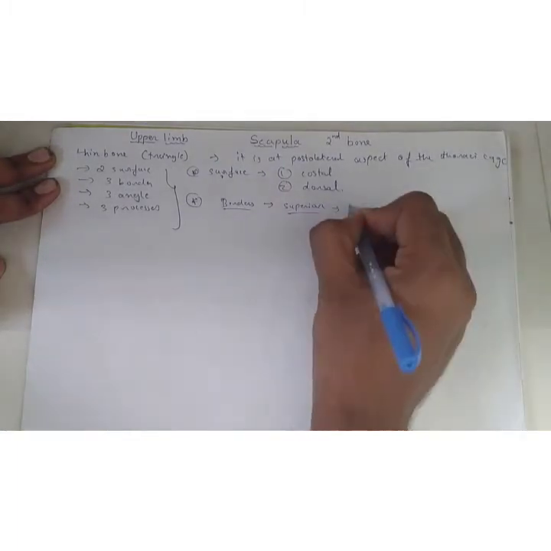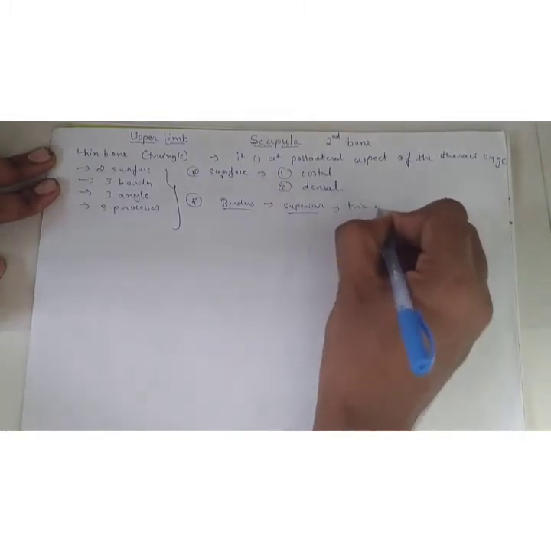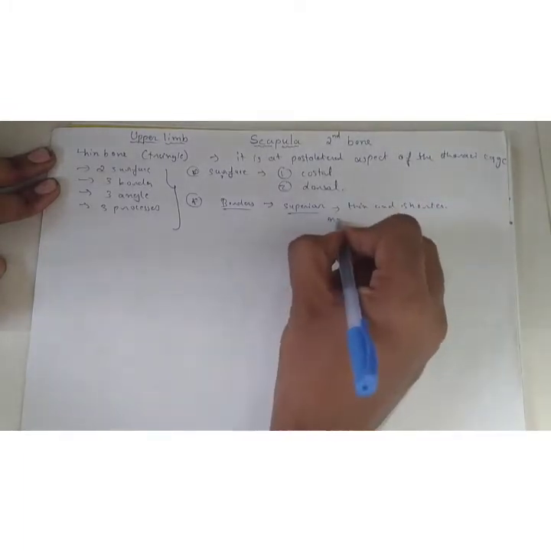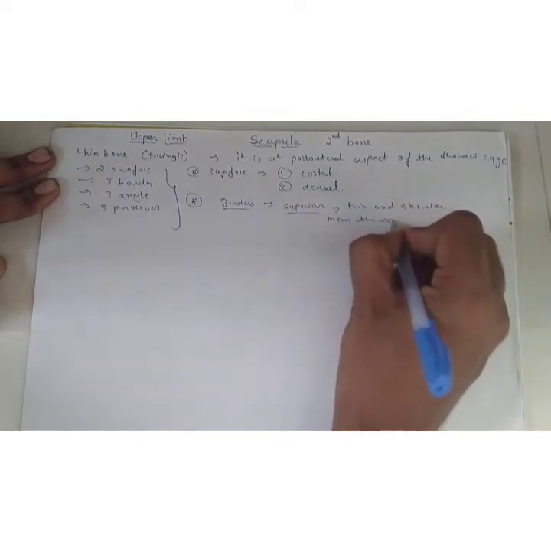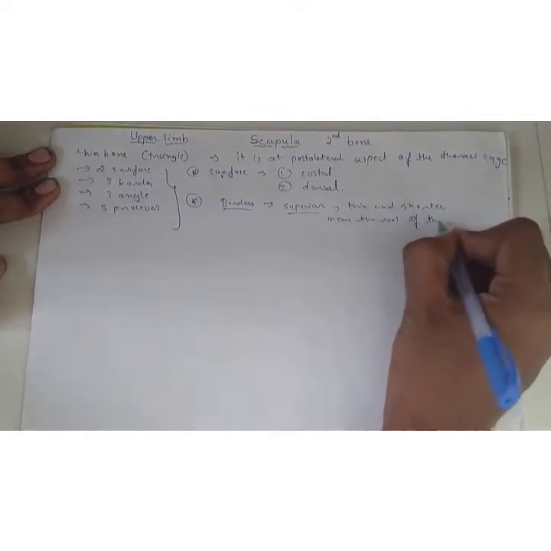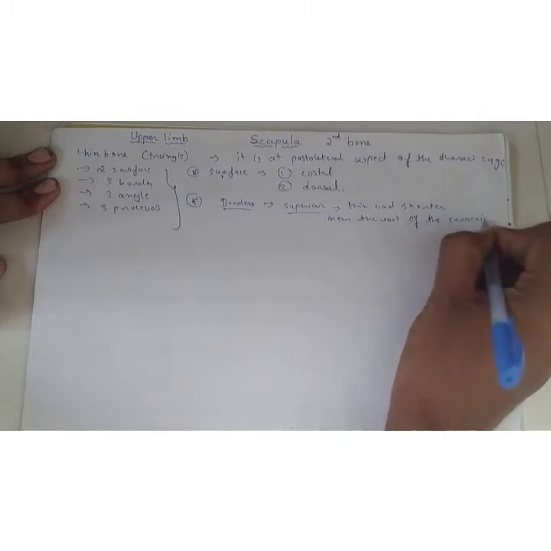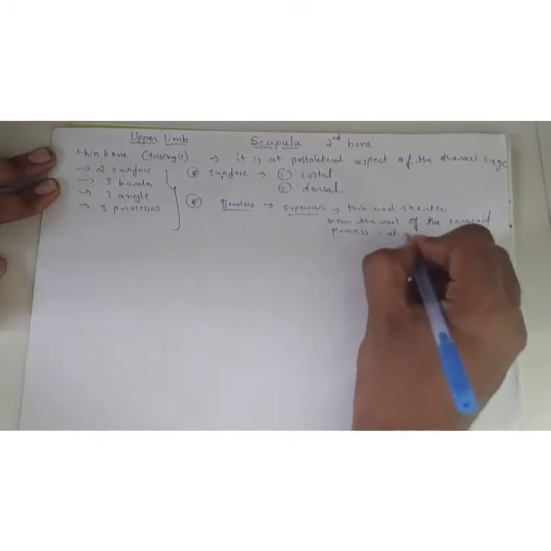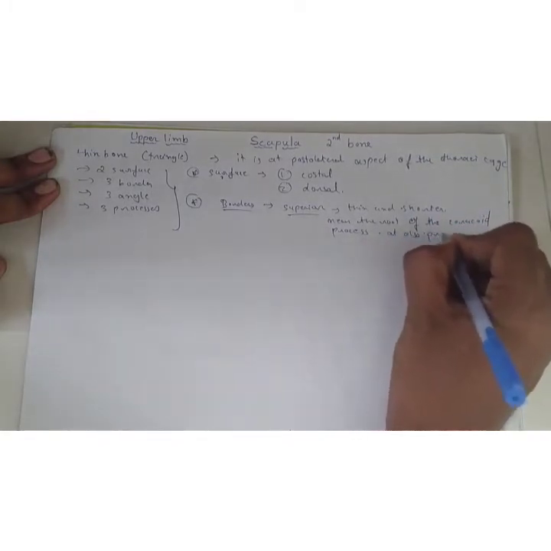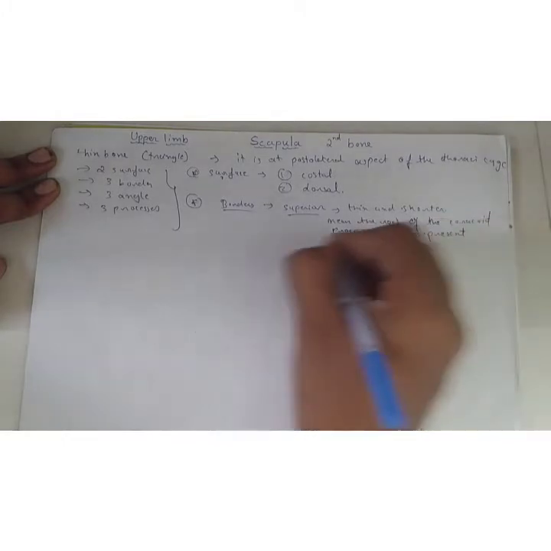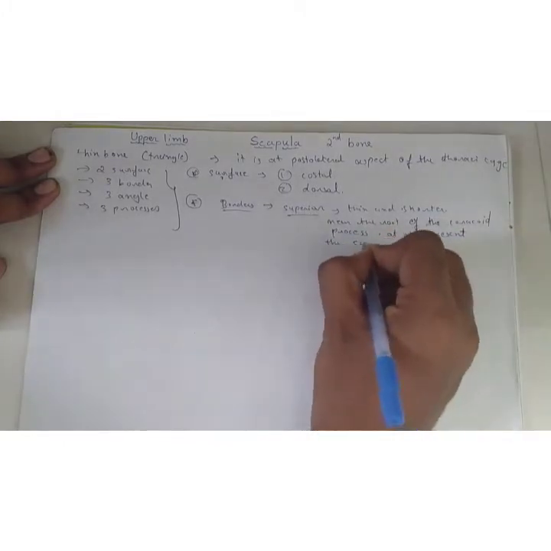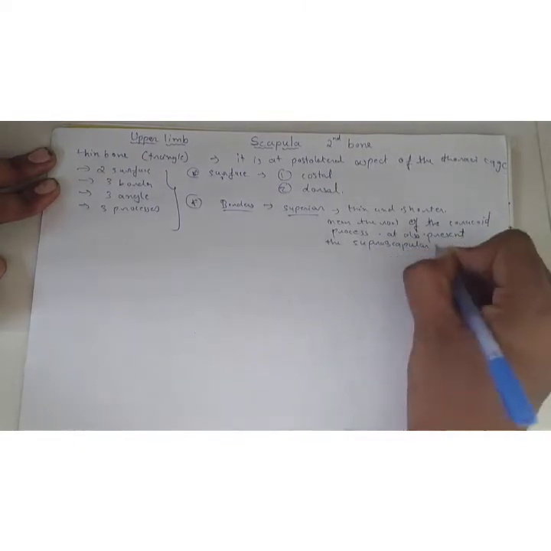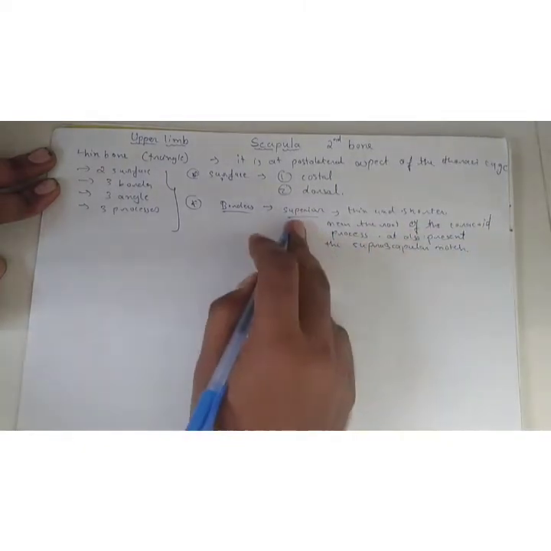Now, the superior border is thin and shorter, and it is near the root of the coracoid process, and the suprascapular notch is also present. This was about the superior border.